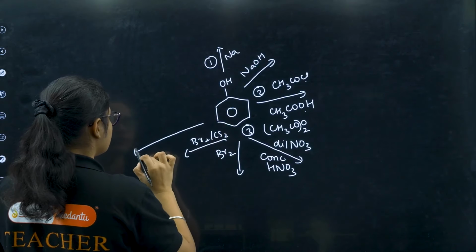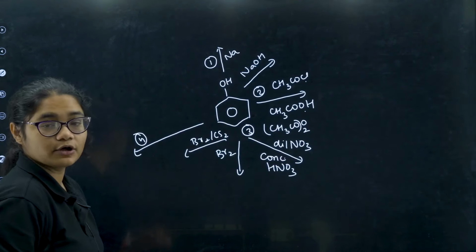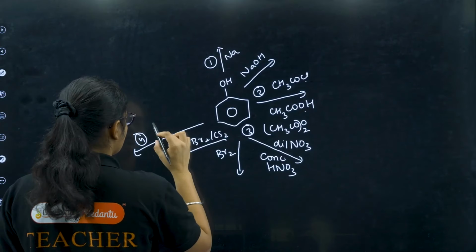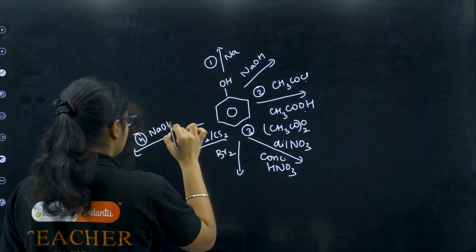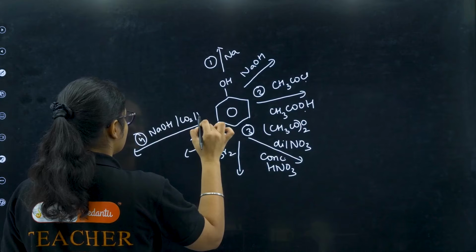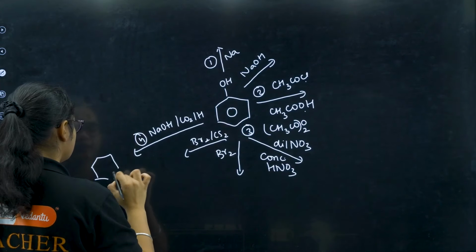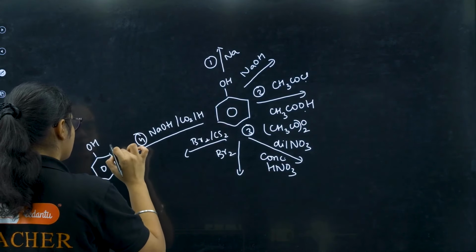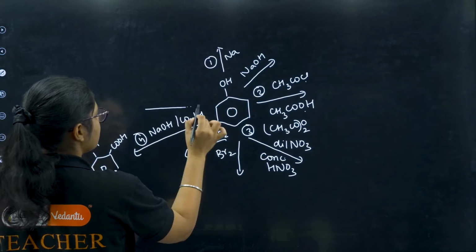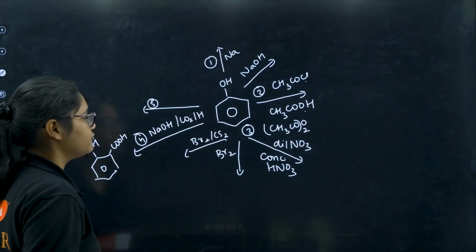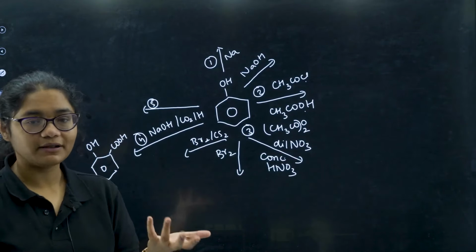Then fourth one was what? Fourth one was your Kolbe's reaction, right? So in Kolbe's reaction, first you have to treat it with NaOH and then you have to treat it with CO2 and H plus, and what you will get here, the product was salicylic acid, right? Then fifth one was, if I remember, your Reimer-Tiemann reaction.